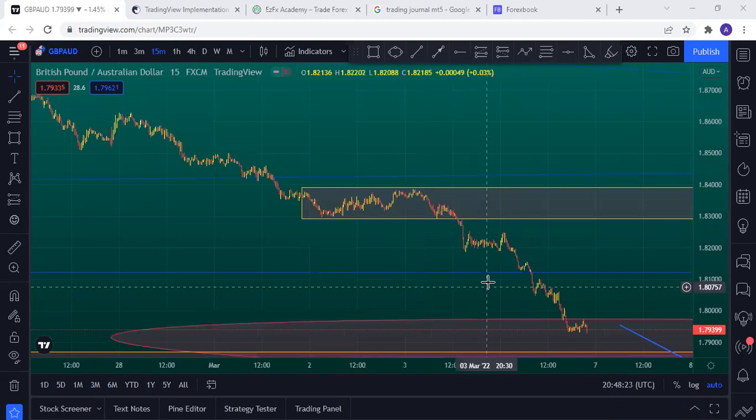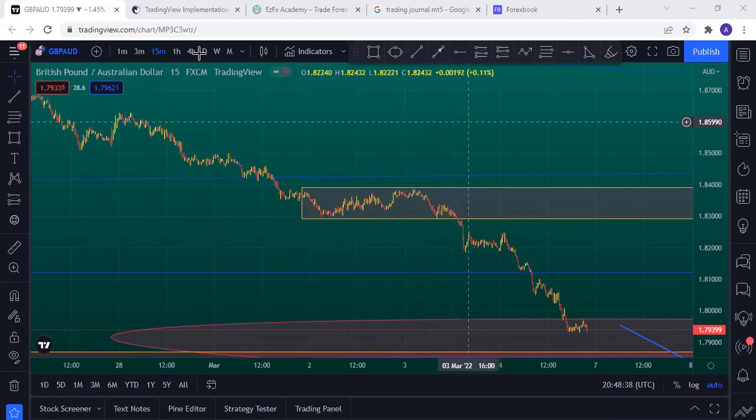Let's quickly take a look at AUD JPY. Let's go to the daily time frame.